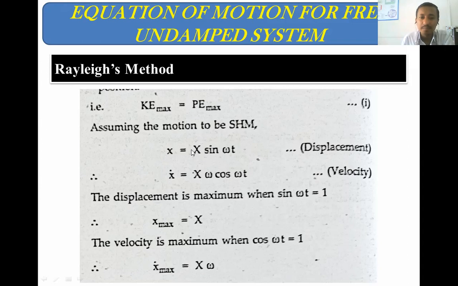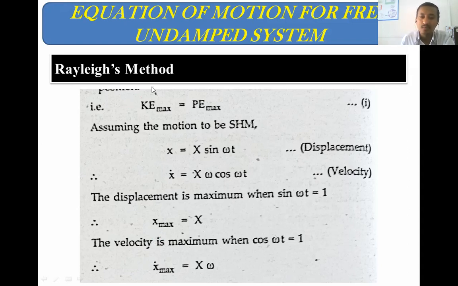So displacement is maximum when sin omega t is equal to 1. That means maximum displacement is given by X, because this value is 1. And similarly maximum velocity is when cos omega t is equal to 1. That is maximum velocity is given by X into omega. So why we are talking about maximum?